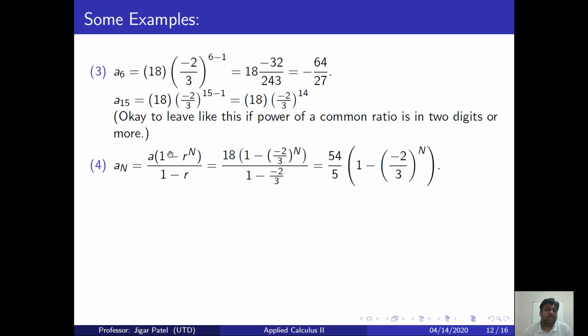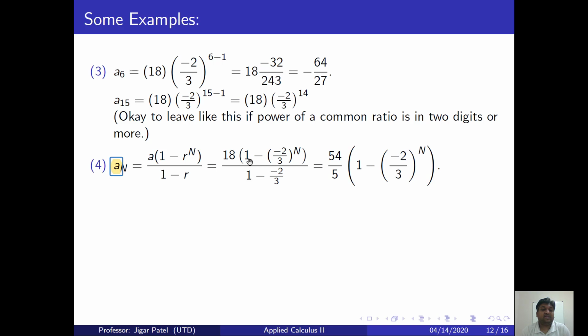We can now calculate the sum of first n terms. This needs to be S sub n. Sum of first n terms, a times 1 minus r to the n over 1 minus r, or you can use a times r to the n minus 1 over r minus 1.